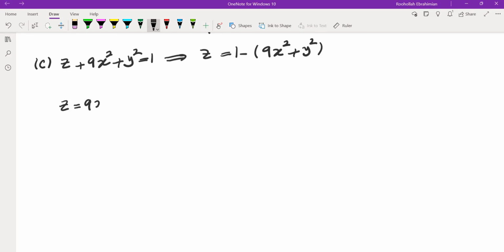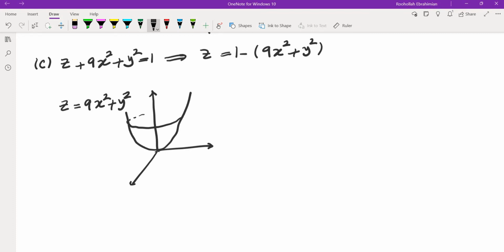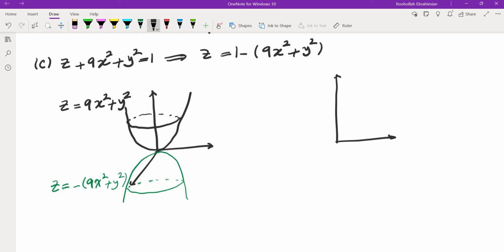So z equals 9x squared plus y squared would look like this. It would be a three-dimensional version of a parabola, so it's a paraboloid. Now if I negate this, I would be flipping this about the xy plane. So this would be z equals negative 9x squared plus y squared. And if I do 1 plus that, it means I'm moving it 1 unit up. So the final answer is going to be this shape.